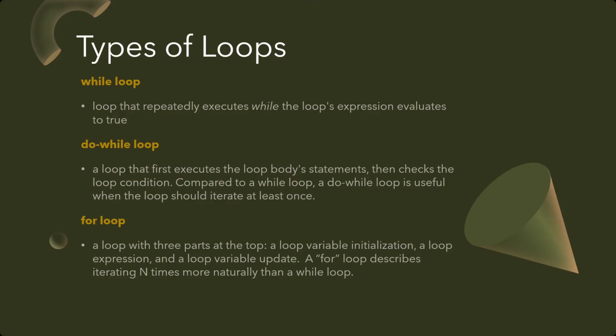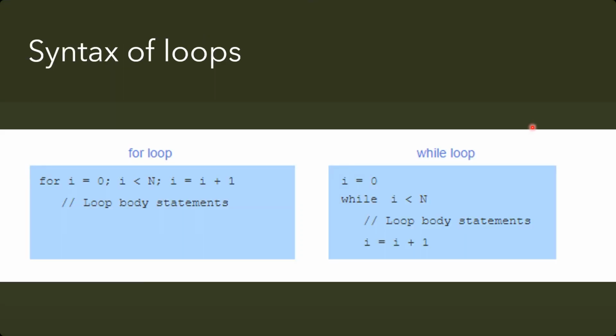Yeah, these are important. So let's just take a look at 2 different ones. Here's our for loop. Our for loop is nice and convenient because everything about this is right up top. It has our 3 components that I showed. Here is your loop initialization, i equals 0. But guess what? Our while loop is going to have the same thing. Look, here's our while loop. Here's our initialization. Here's our conditional expression.